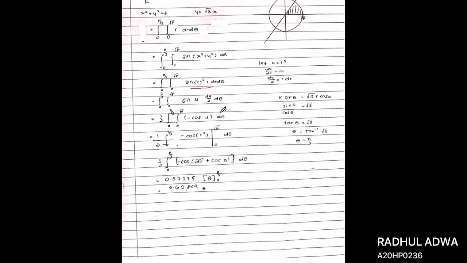Next we can let u equals r squared, and we will get du over 2 equals r dr. So we can substitute here and move 1 over 2 to the front of the equation, integrate the equation, and we will get the answer 0.62809.